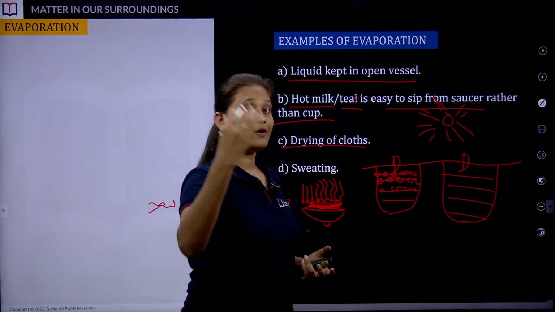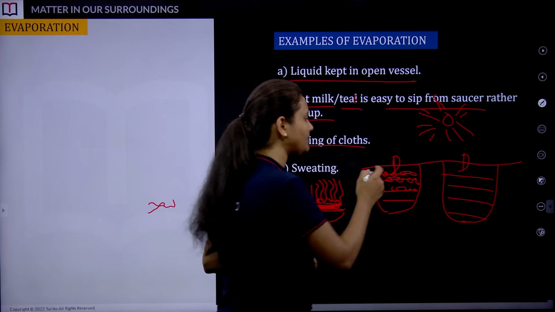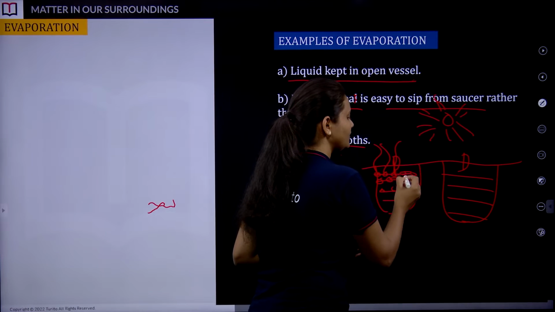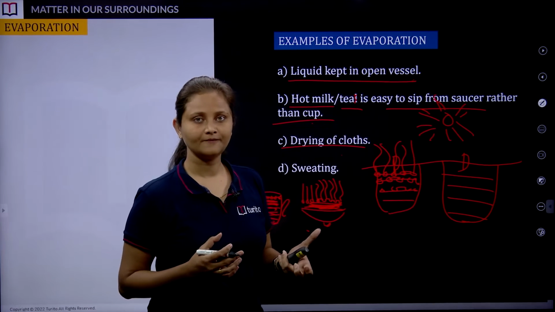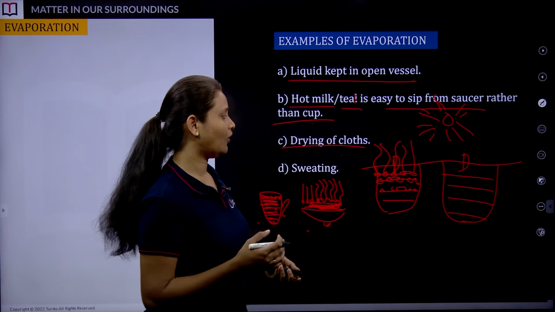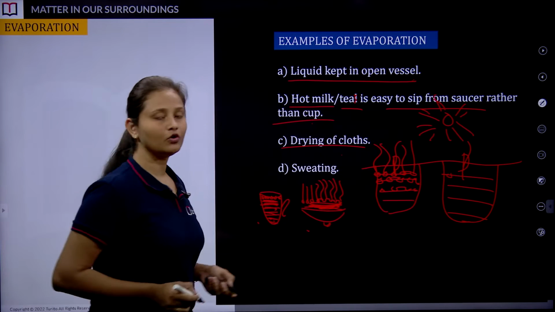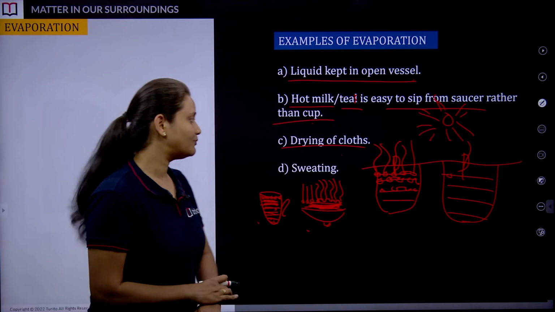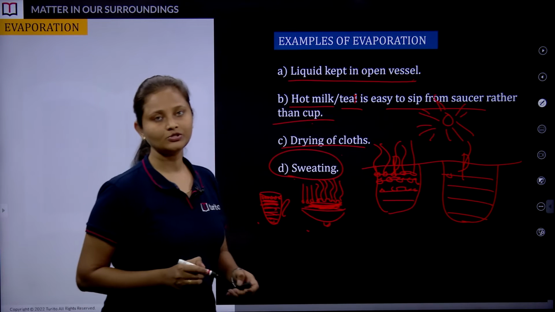They are getting evaporated, they are getting volatile. Okay, they are getting vanished, they are escaping themselves because of the collision which is happening between their molecules and the water molecules. Okay, are you all able to follow it? Same is observed here also, and that's why we say drying of clothes is nothing but an example of what? Evaporation.